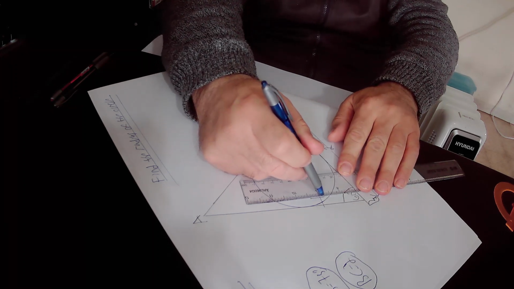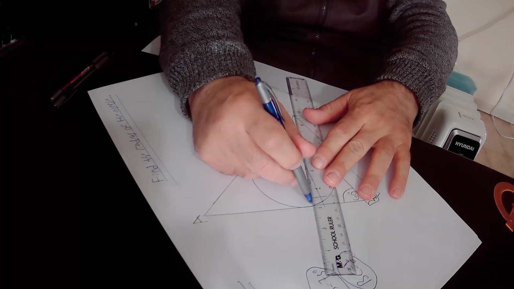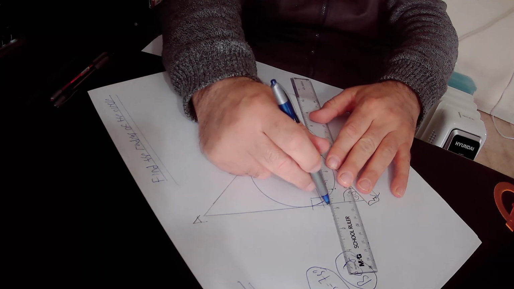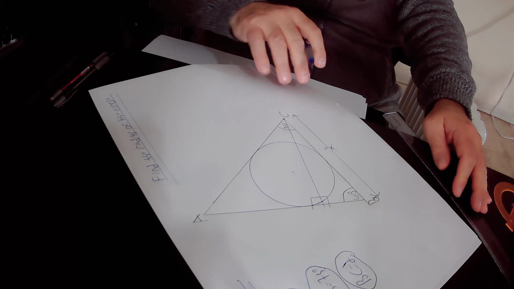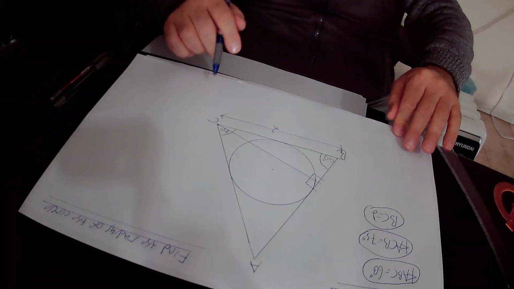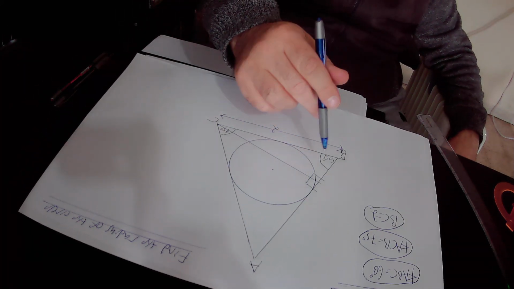So this angle equals 90 degrees according to our construction. We define the touching point of the perpendicular from point C on AB as D.